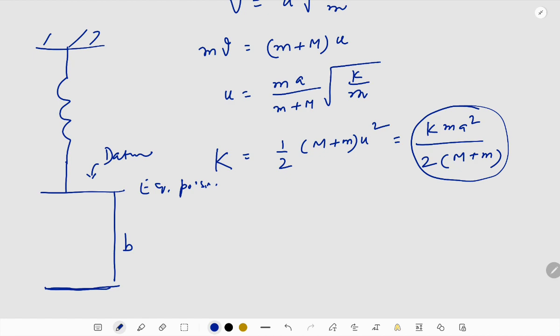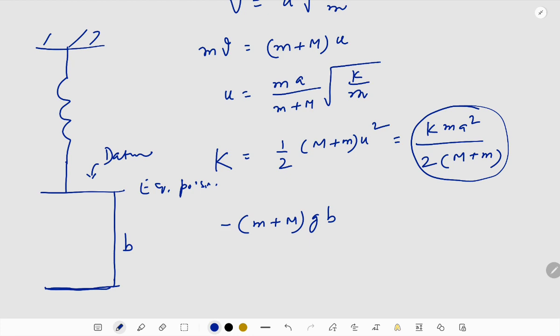So the total mechanical energy can be written as, in reference to this datum, the gravitational term will be minus (m plus m) g b, plus the potential energy of the spring, because the kinetic energy will become zero here.